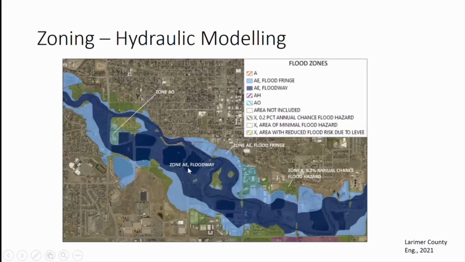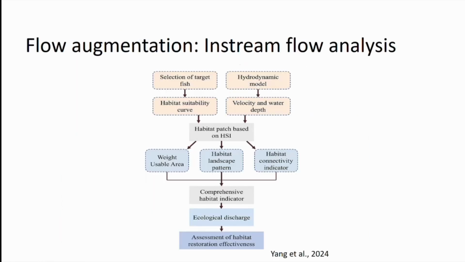And so development is restricted. But beyond that, in this light blue area, development can happen with flood proofing. And so that is it for a means of protecting the floodplain.